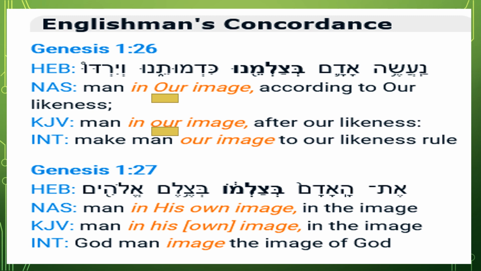So again, you have this phrase here, but what we are looking for is what is meant by this word our. And what's interesting is in one translation, you see that the our is capitalized. That's the NAS, but the KJV has it in lowercase.